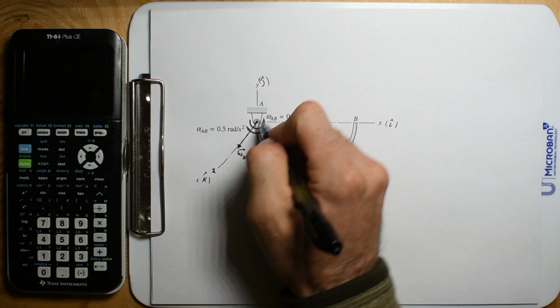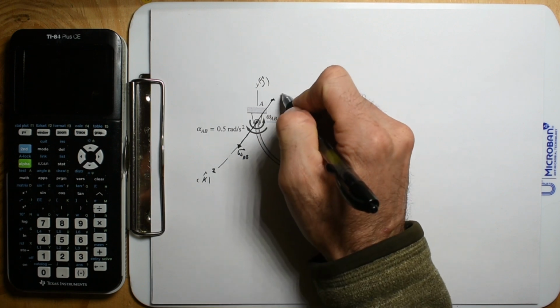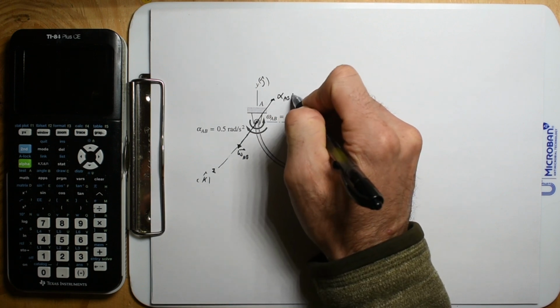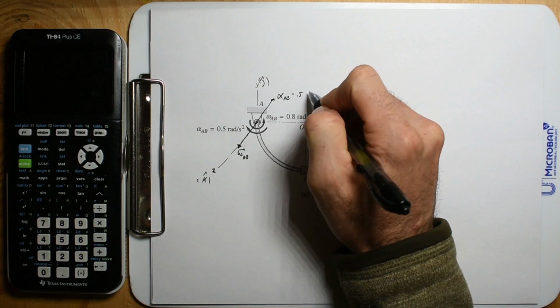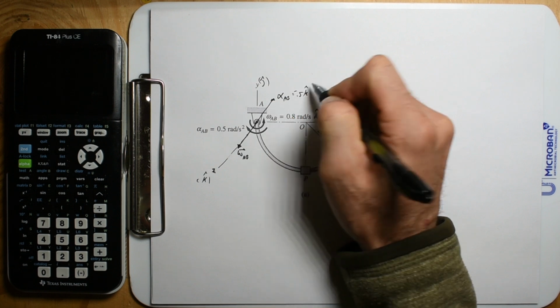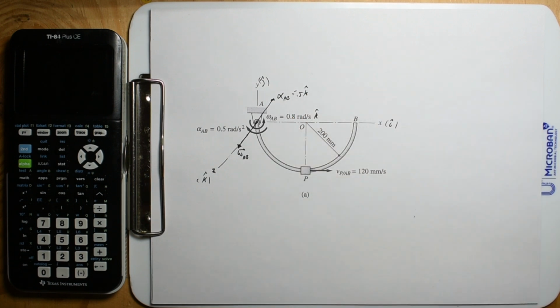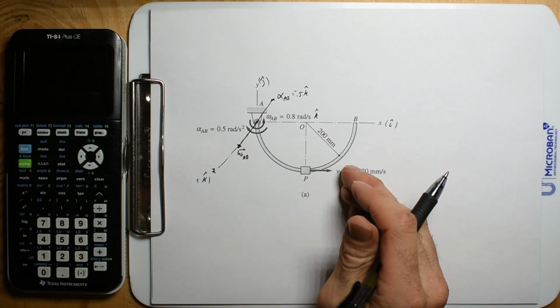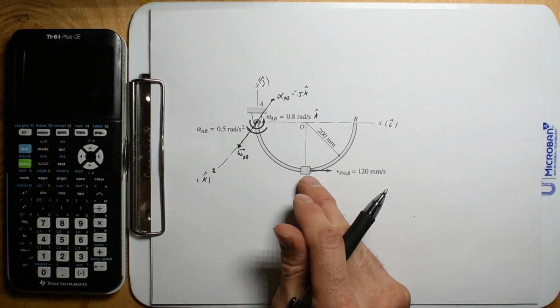Our acceleration is going to be in the other direction. This is going to be alpha AB, that's going to be negative 0.5 k hat. And now I think we can just solve this problem like we should.